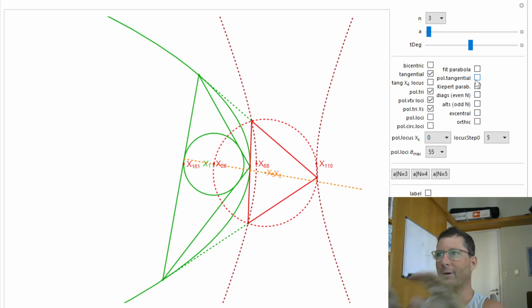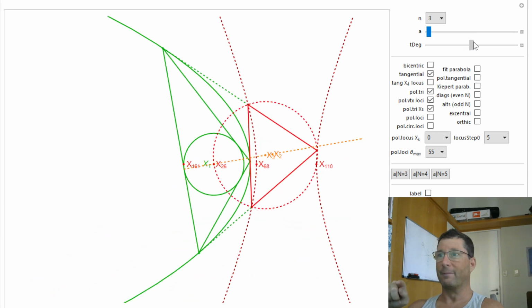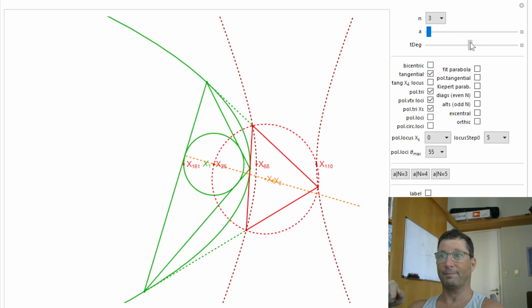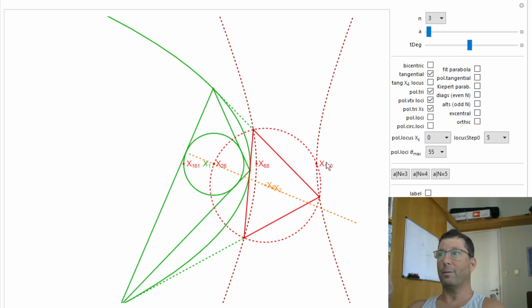So there are three more points on the screen here which remain fixed at very curious locations. The first one we just covered is X26. It's fixed on the focus. The Euler line is going through it. And then you have this pair of points here, X68 and X110. They are fixed at the vertices of the hyperbola to which my polar family is inscribed.